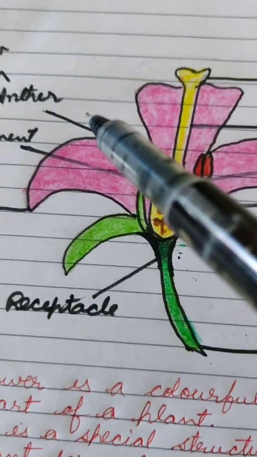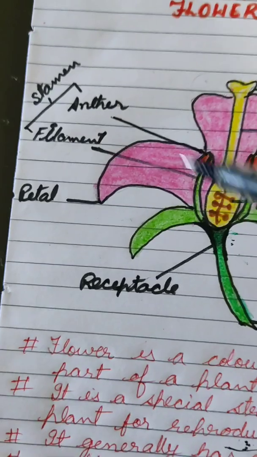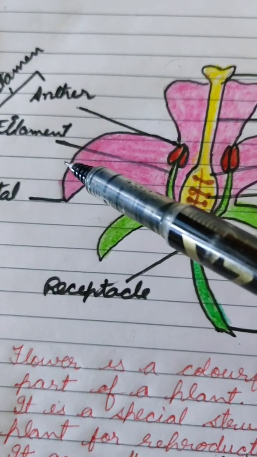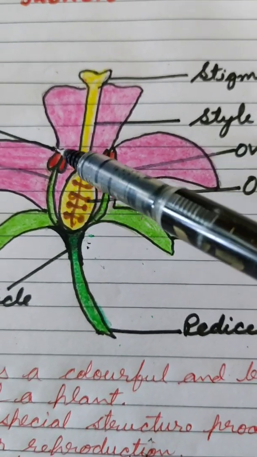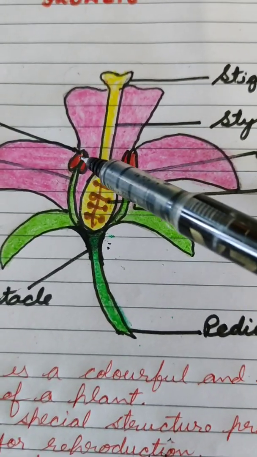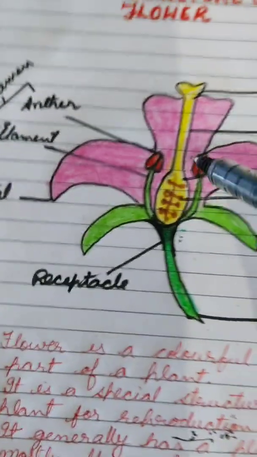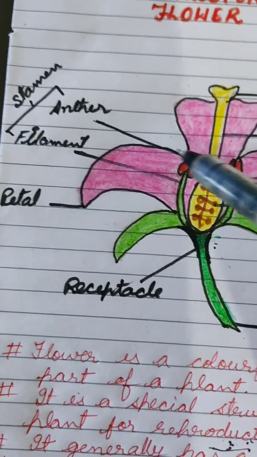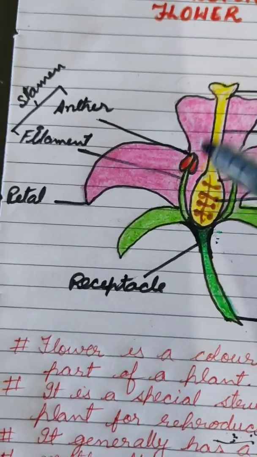A stamen usually consists of a long slender stalk that is called the filament, and at the tip of this filament there is a lobe-like structure that is called the anther. And the anther has pollen grains. The anther has a yellow colored powder in it, and that powder has the pollen grains that help in pollination.